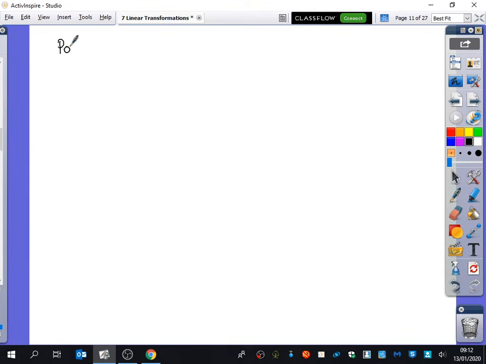So this is for an invariant point. That point there stays exactly as that point, but maybe this red point has moved down here, or maybe this yellow point up here has gone somewhere over here.